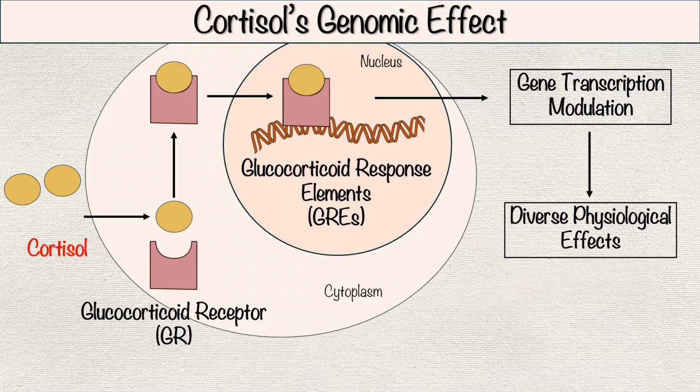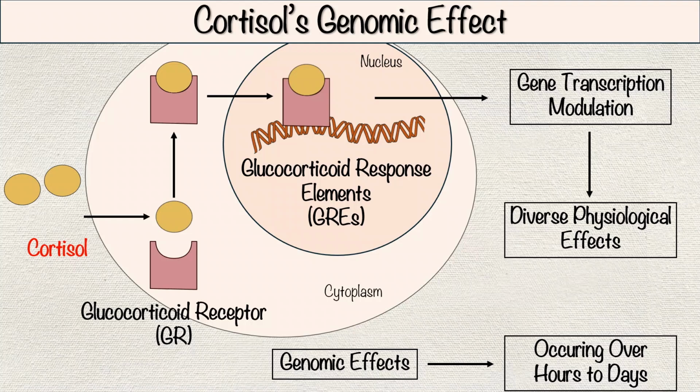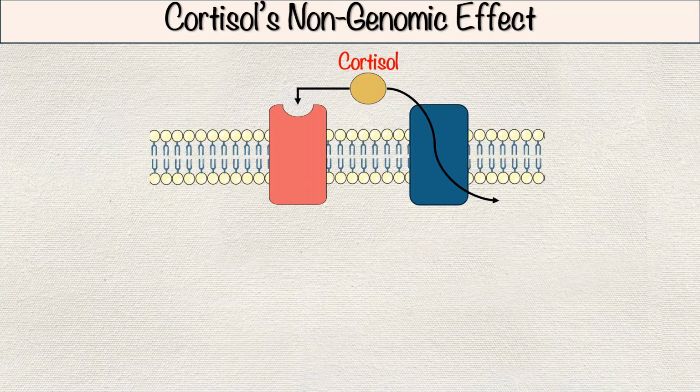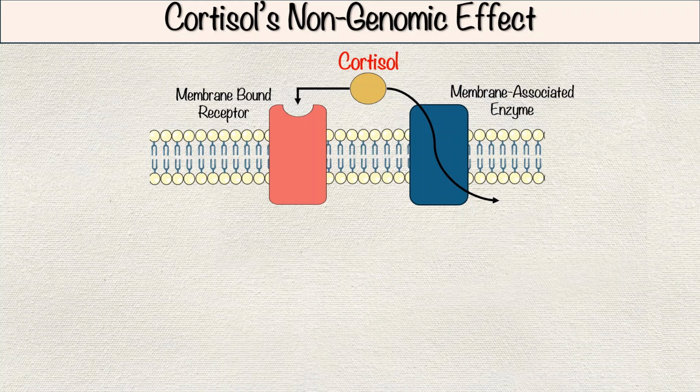It's important to note that these genomic effects typically occur over hours to days, contrasting with the more rapid non-genomic actions of cortisol. In addition to its classical genomic actions, cortisol can also elicit rapid non-genomic effects. These effects are mediated by membrane-bound receptors or interactions with membrane-associated enzymes.